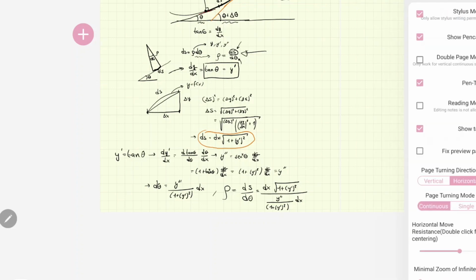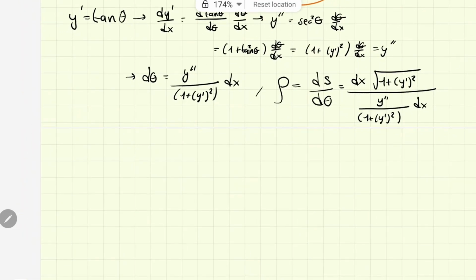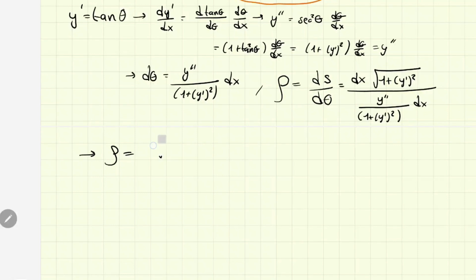Then let me make some space to get that rho is equal to 1 plus y prime squared to the 3 halves, divided by y double prime, and then something like dx over dx, but you know that this is equal to 1, right?